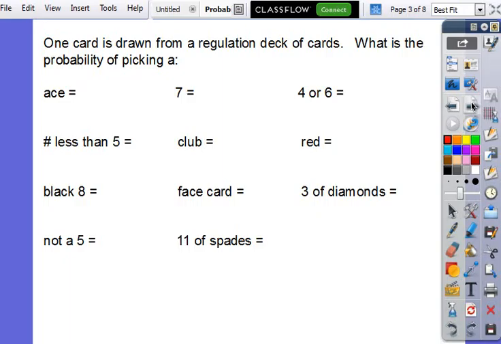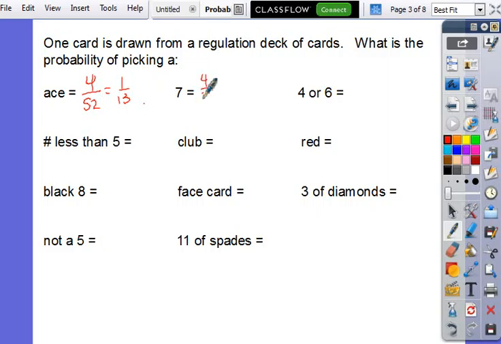First one says, what is the probability of picking an ace? How many aces are in the deck? 4. There's one of each: diamonds, hearts, clubs, spades. So there's 4 out of the 52, which simplifies down to 1 over 13. Well, how many 7s are in the deck? 4.